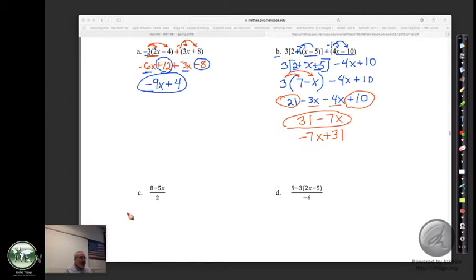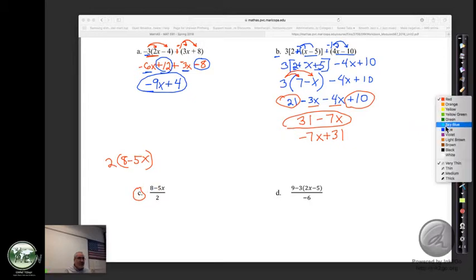Okay. So what if I told you these ones with the fractions, we've actually already sort of done this principle, but maybe you don't feel we have. So if I wrote this, let me take this, we're going to take a look at C. So if I were to take 8 minus 5x, and I were to put a 2 out front like this, what do I do with that 2?